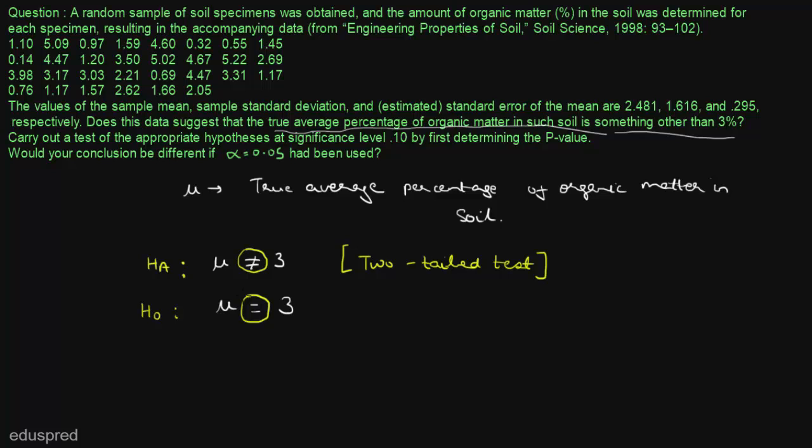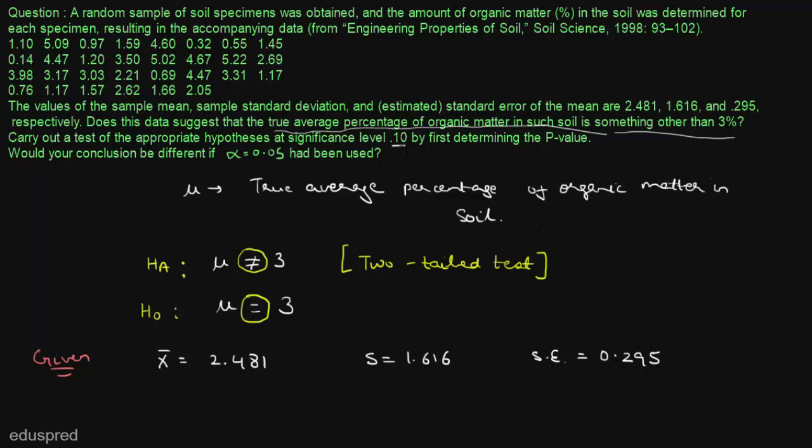Now after stating the null and the alternate hypothesis, let us write all the information that is given in the question. So we are given that the sample mean is 2.481. So x bar is 2.481. You can also call it x bar calculated. The sample standard deviation is 1.616 and the standard error is equal to 0.295.